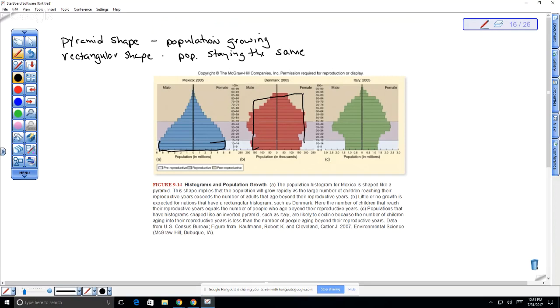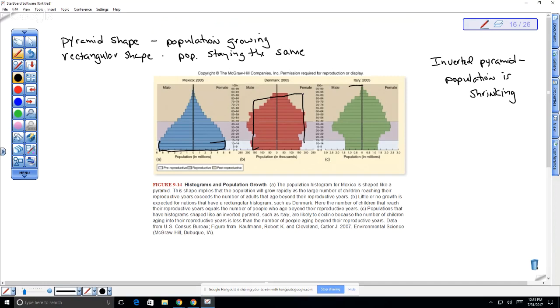And then if we have an inverted pyramid, where the base is smaller than the middle, this is a shrinking population. You've probably heard stories about this happening in Italy and other European countries where the fertility rate is not replacing the population.